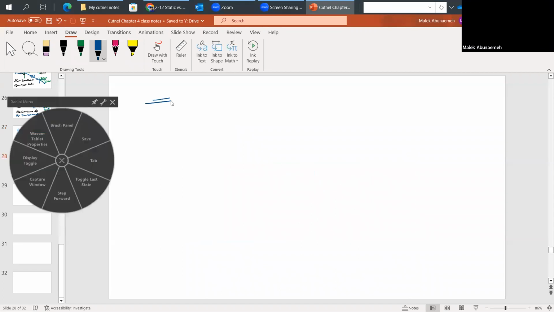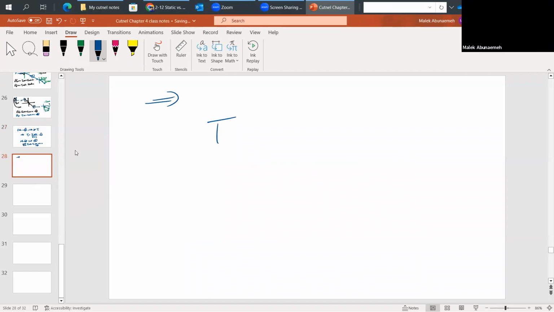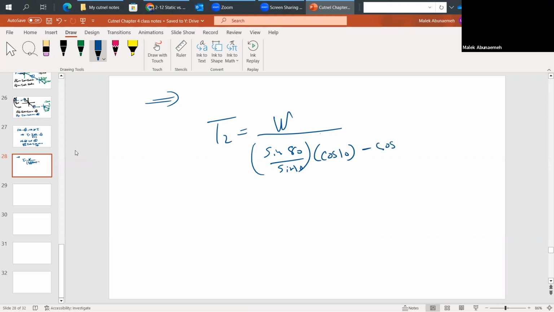This means that T2 is going to equal the work divided by sine 80 divided by sine 10 times cosine 10 minus cosine 80.